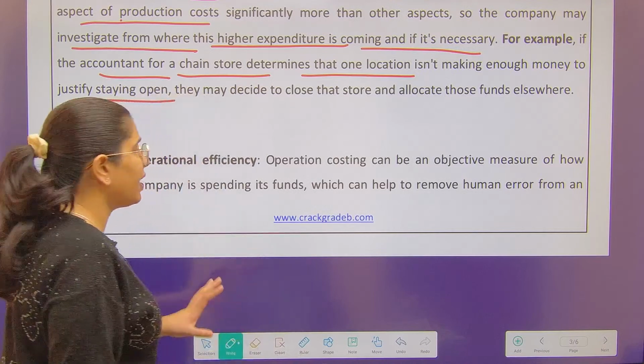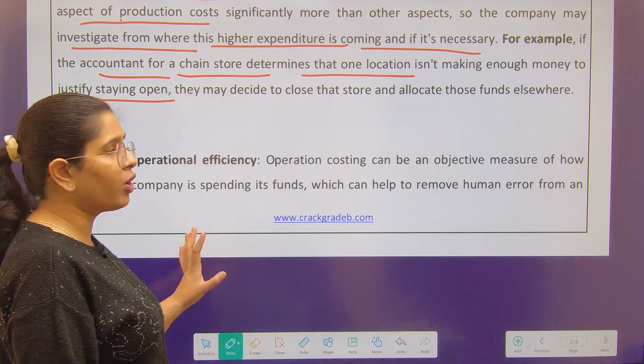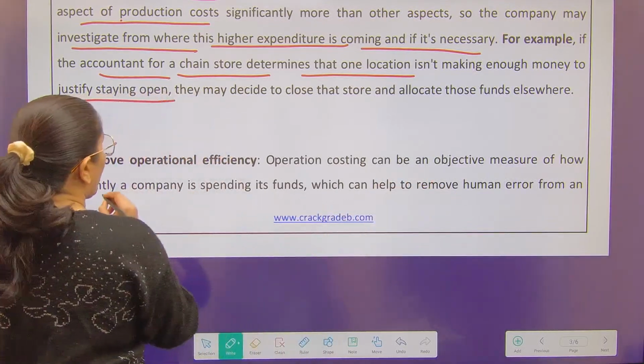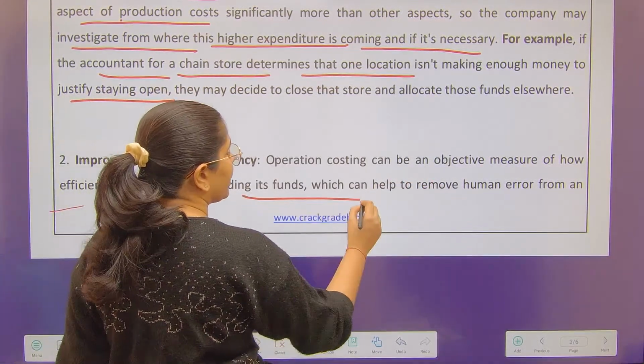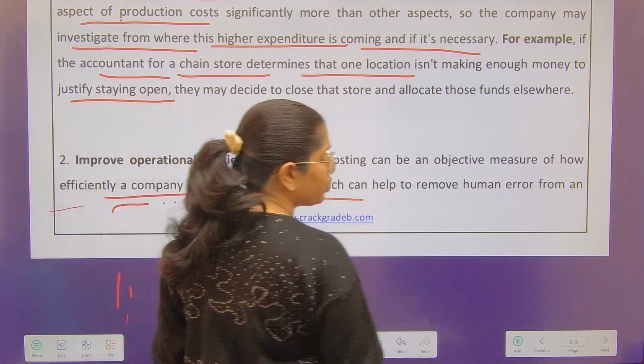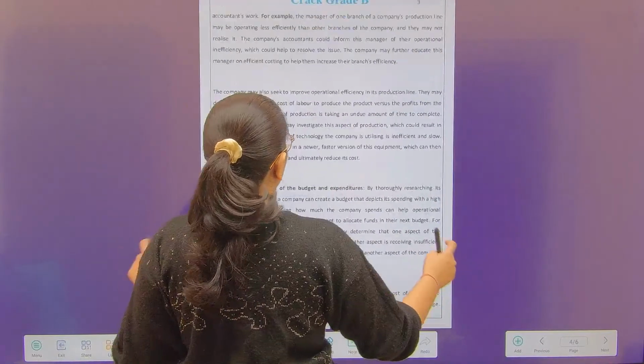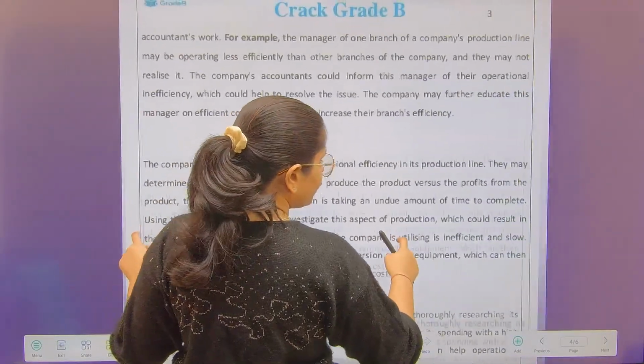improve operational efficiency. We have already talked about it. So operation costing can be an objective measure of how differently a company is spending its funds, which can help to remove human error that can possibly happen in any business enterprise, right?